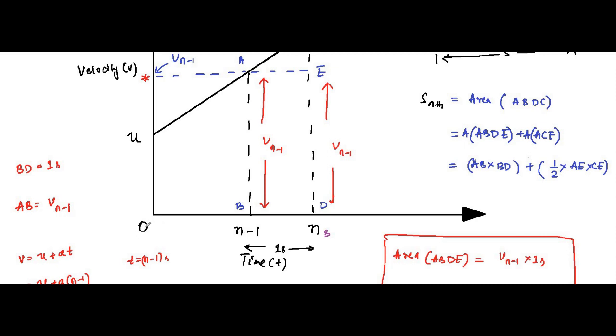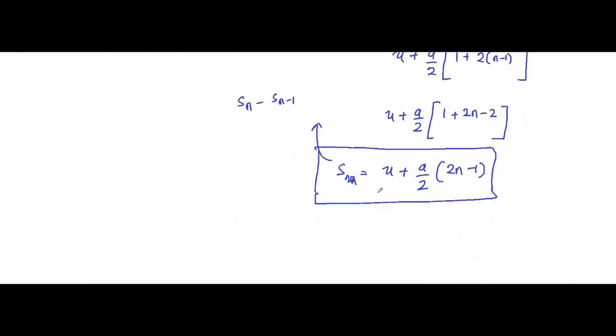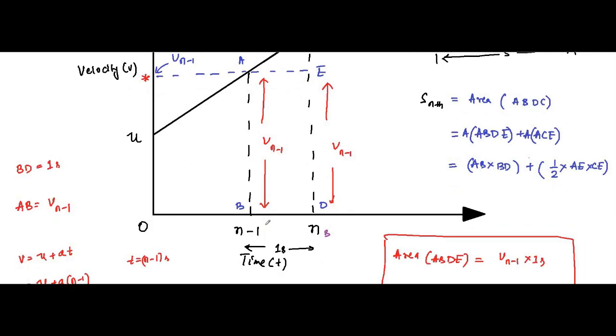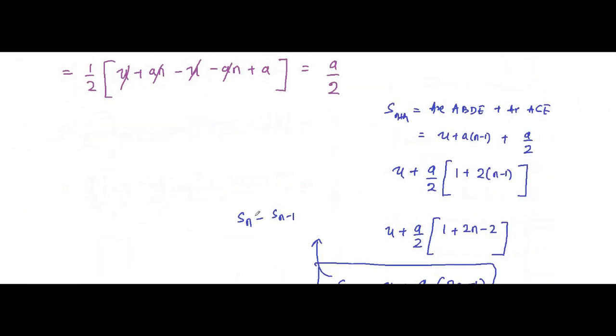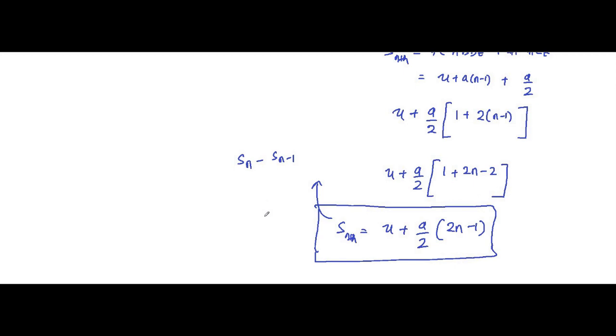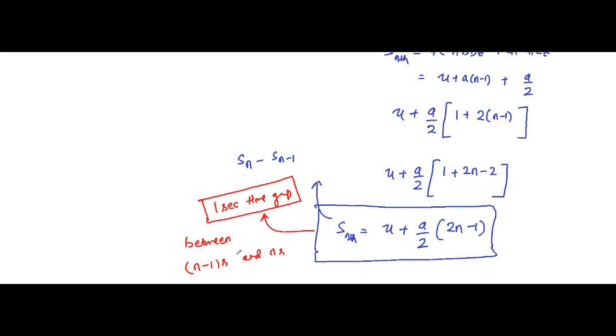Sn minus 1 is the displacement during the time interval from 0 to n minus 1 seconds. Snth is the displacement during that 1 second time gap between n minus 1 second and n second, because the difference between n and n minus 1 is 1 second.